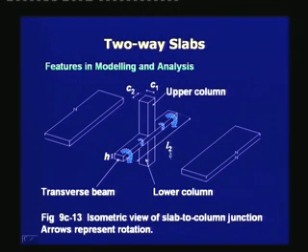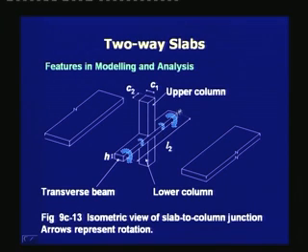This is a sketch of a slab to column junction, and we have split to show the behavior across the width of the equivalent frame. The arrows represent the rotation in the slab. If we are closer to the columns, then the rotation is less.